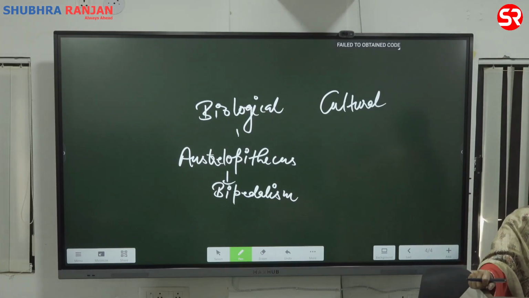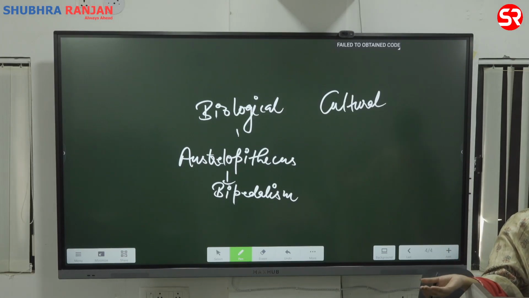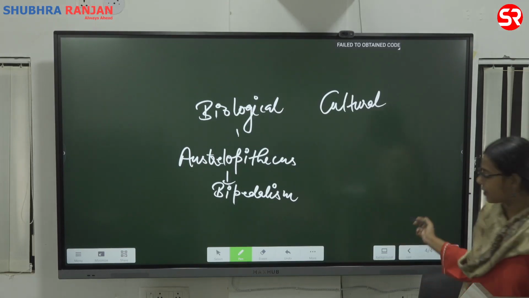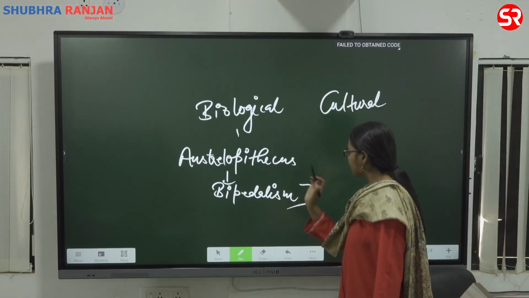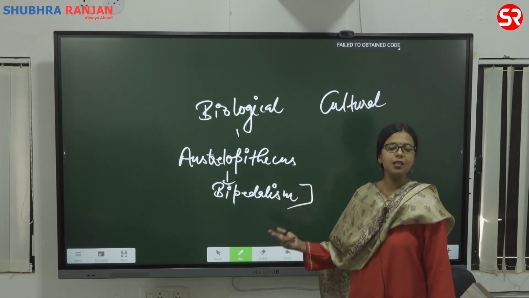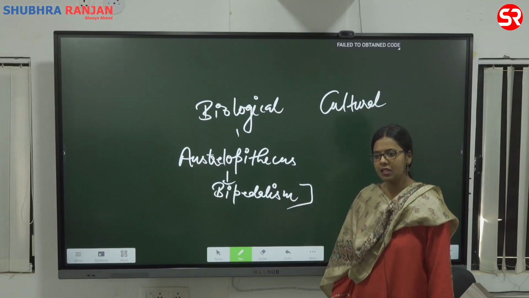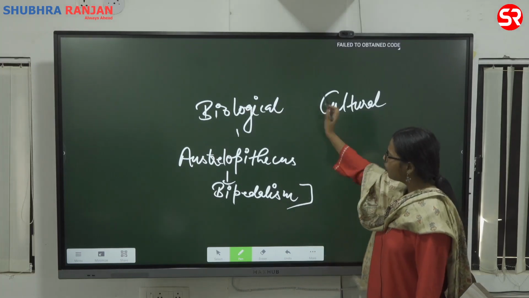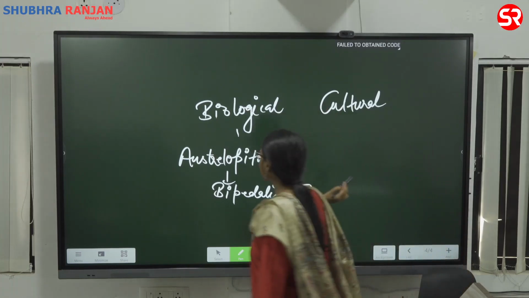Second implication is that their hands are free. Now they can use those hands to do certain different activities. That is why this particular change has been called a very revolutionary change in the biological evolution of human beings. So you can just make it like a flow chart.